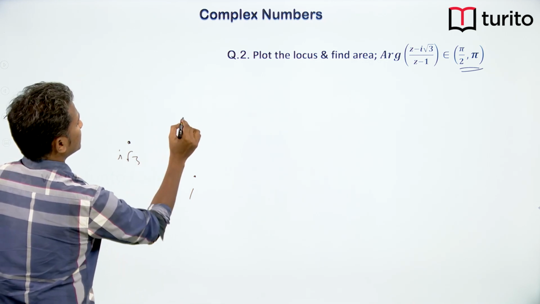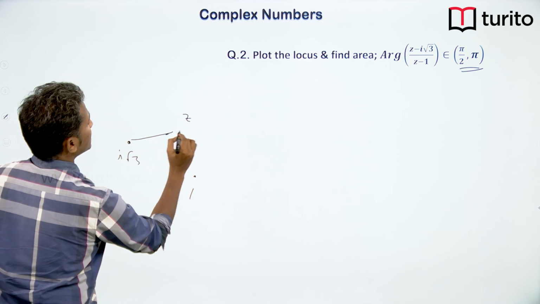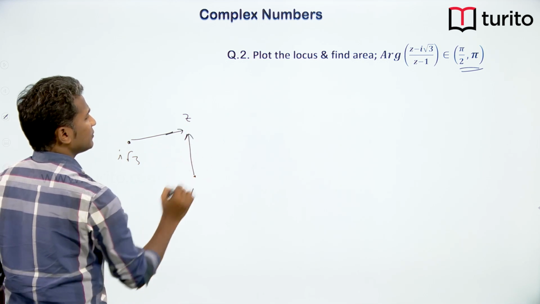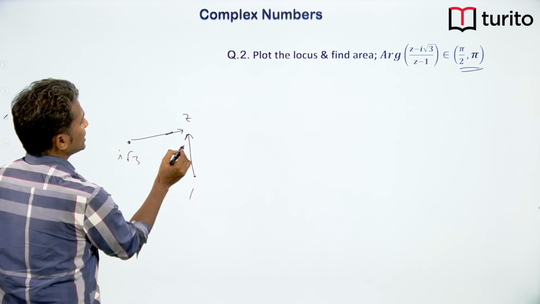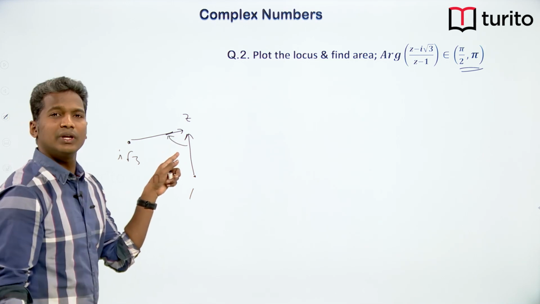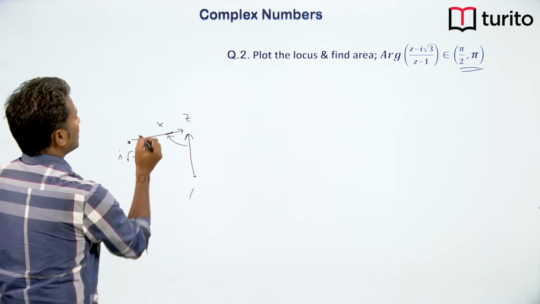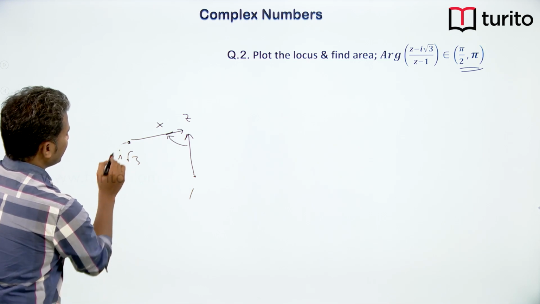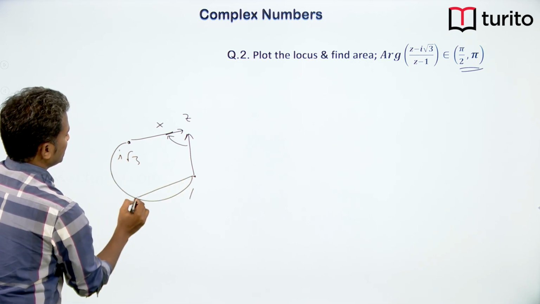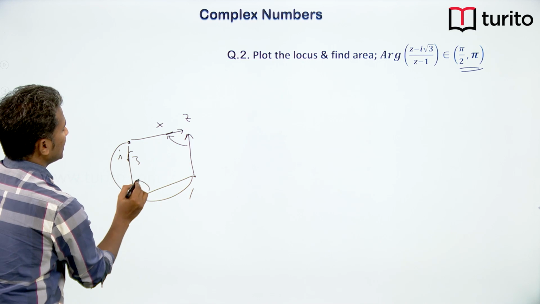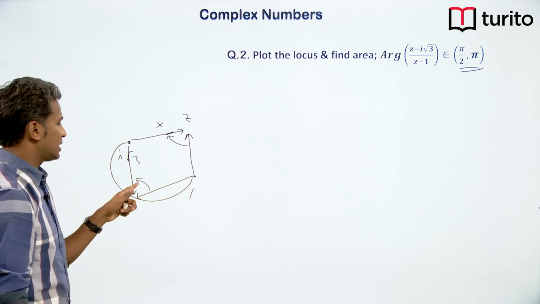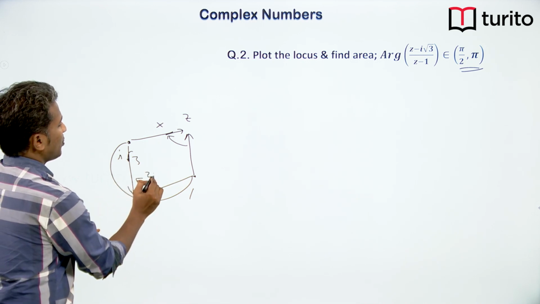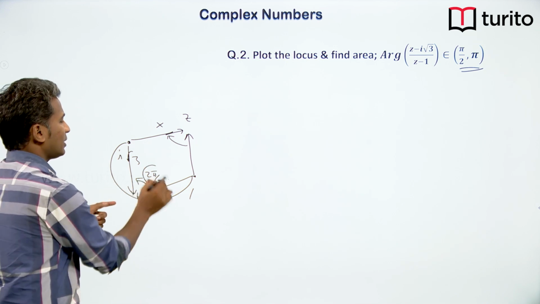There is a z here, this is the z minus i root 3 vector, and this is the z minus 1 vector. If you measure the angle like this, it goes in the clockwise direction, so I will not take it this side. If I take it this side, the angle is measured in the anti-clockwise direction and it matches 2 pi by 3 or any constant.